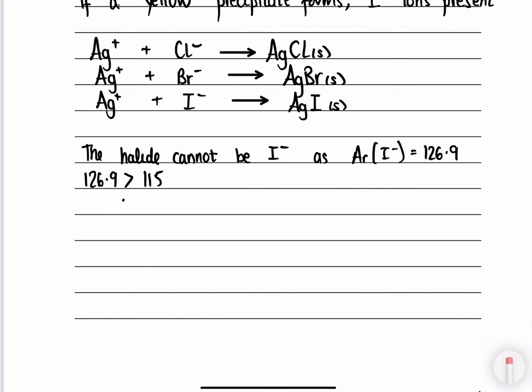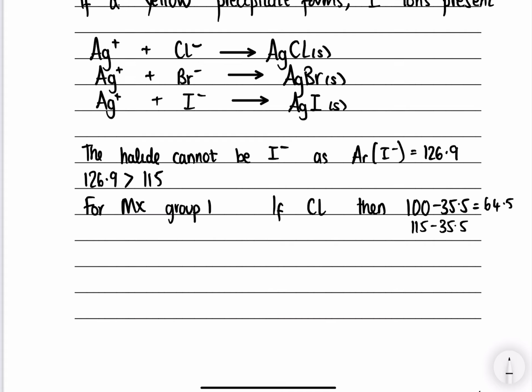So actually, let's do one at a time. For the MX group 1, if Cl, then 100 minus 35.5 equals, and you can do that on your calculator, see what the lowest mass could be, 64.5, and 115 minus 35.5 equals 79.5.